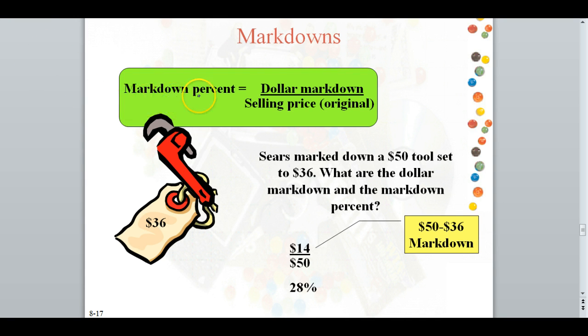So markdown percent equals our dollar markdown divided by our original selling price. Sears marked down a $50 tool set to $36. So what are the dollar markdown and the markdown percent? The dollar markdown: it cost us $50, we're selling it for $36.